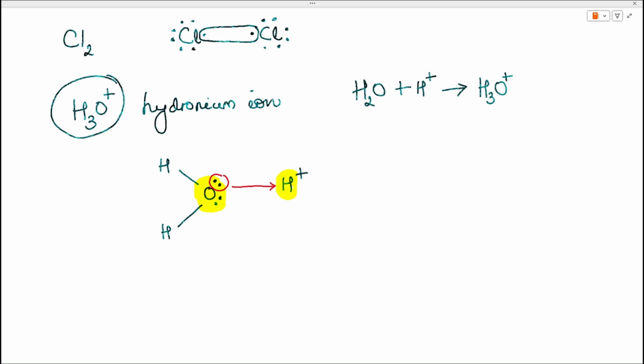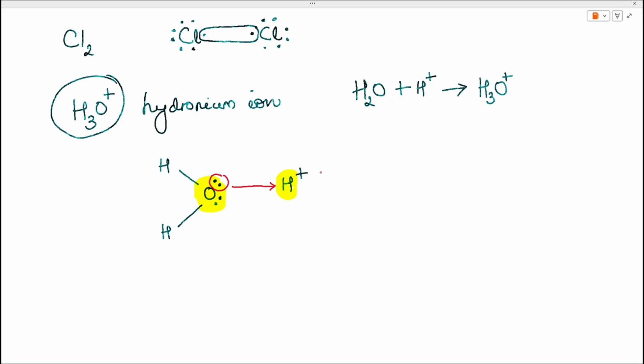So after the oxygen shares its lone pair with the H+ ion, its octet is still good because it gave its 2 electrons to H+ for sharing. So before sharing also it was 8 electrons, and after sharing also it has 8 electrons.